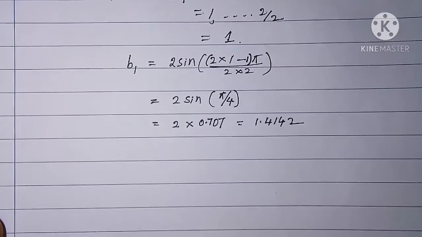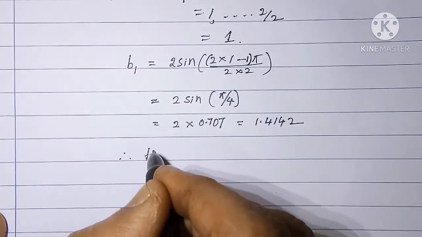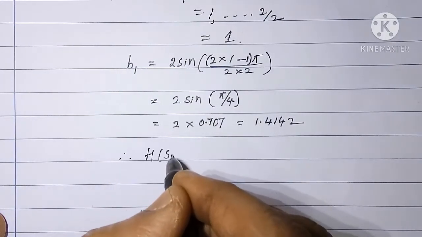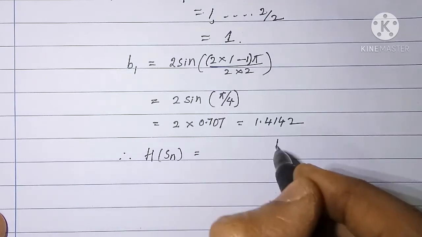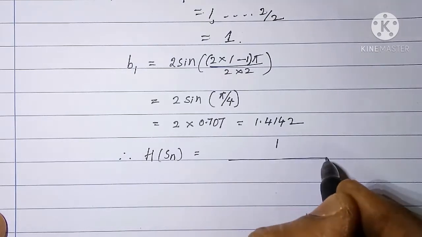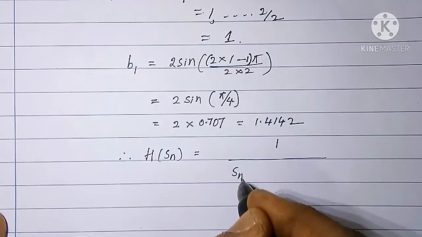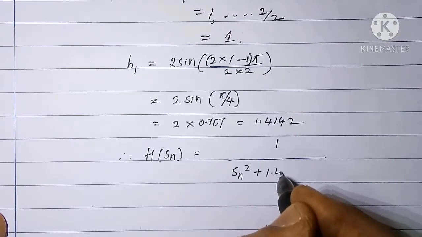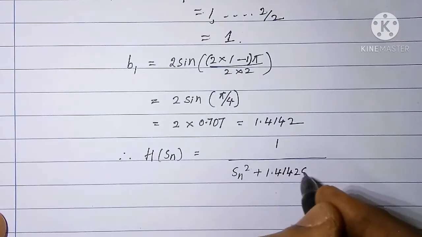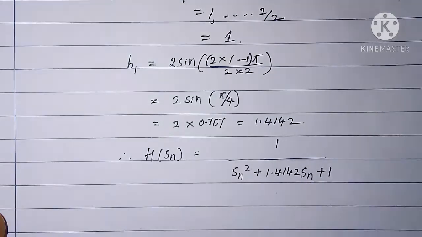Therefore, normalized transfer function H of Sn is equal to 1 upon Sn square plus 1.4142 Sn plus 1.